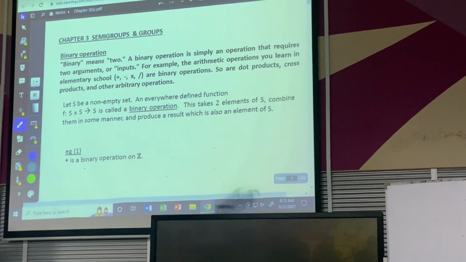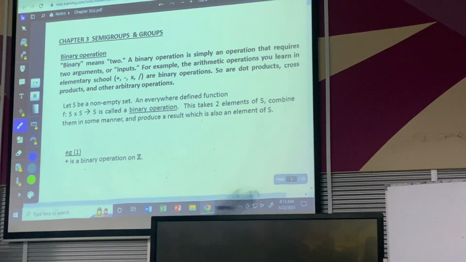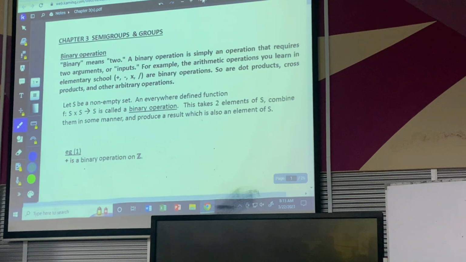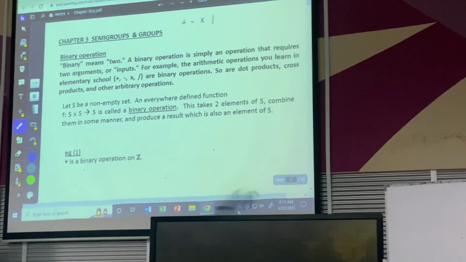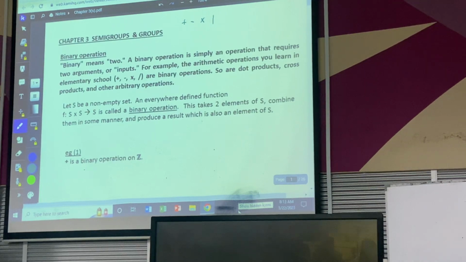I'm sure that in your secondary school, all the mathematics you have learned was done with the operations plus, minus, multiply, and also divide, right? When we do the operation, we must have two elements.